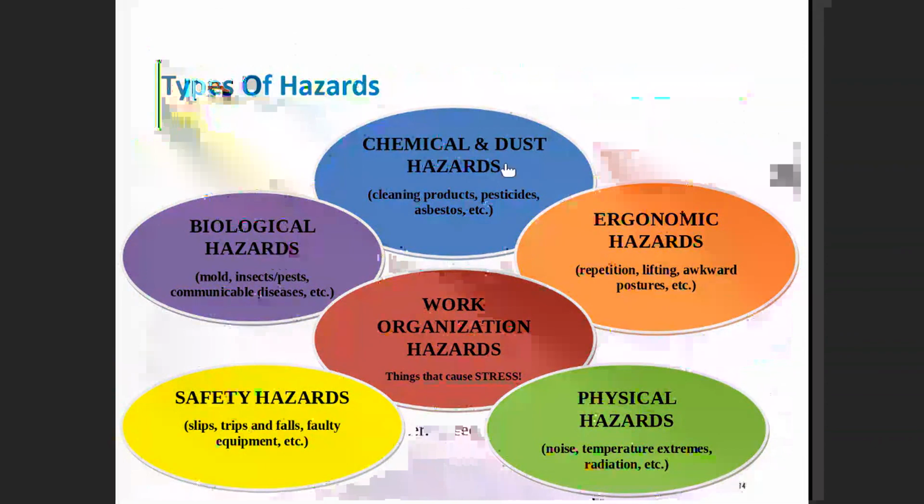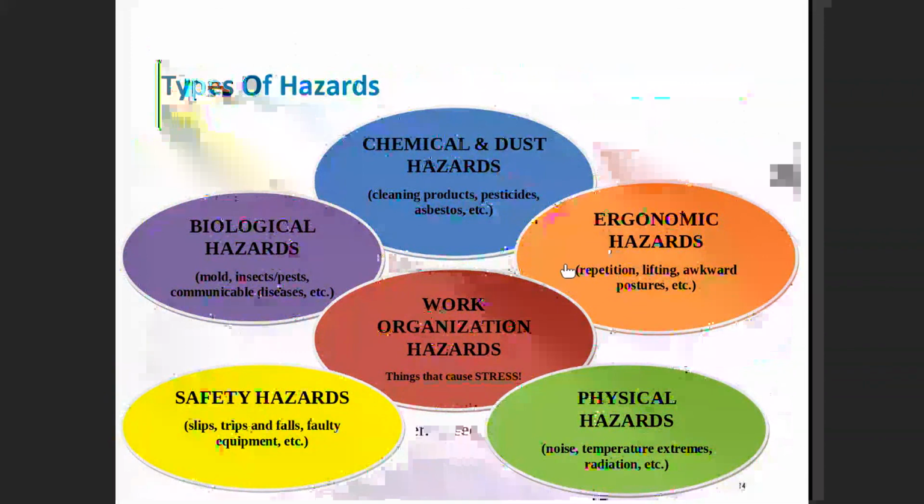Chemical and dust hazard، المواد الكيميائية، الأتربة، الغبار، cleaning products. يعني that's why there is a hazard standards for the materials usually, so you don't use them and cause damage to the environment or to the human.